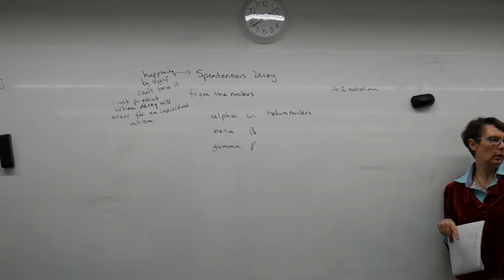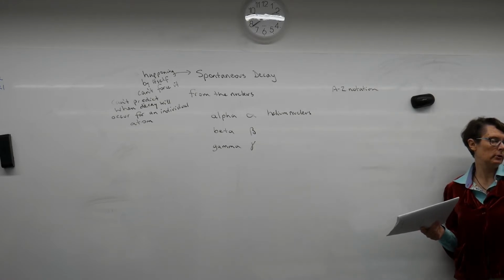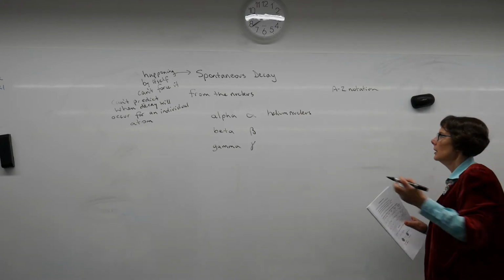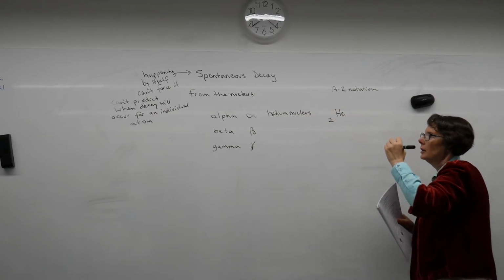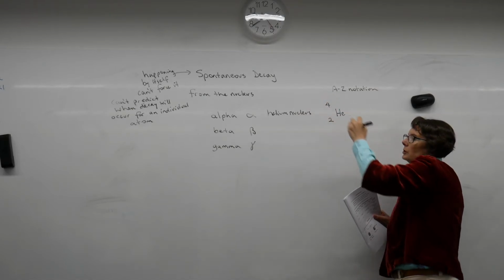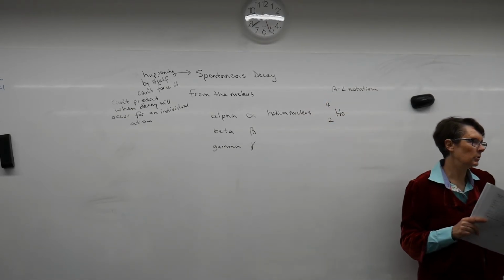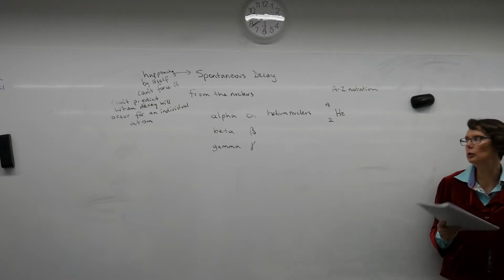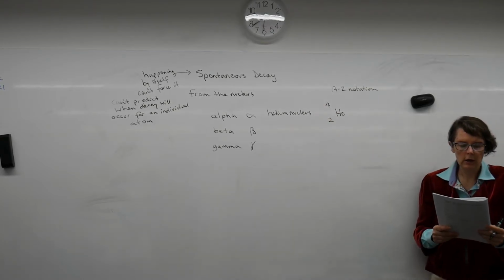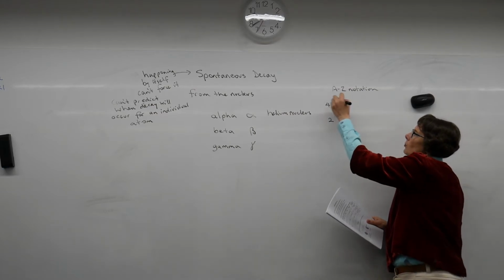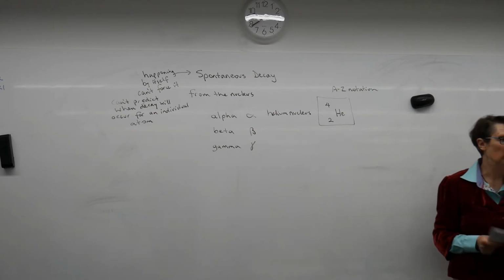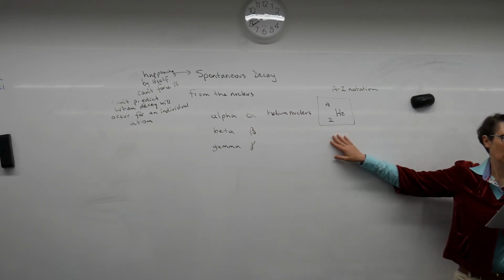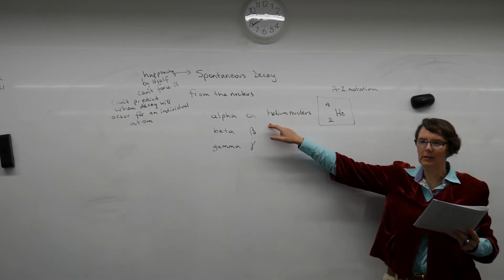And so a helium nucleus has 2 protons and no electrons, so it's got a charge of 2. Its symbol is He, and it's also got 2 neutrons. So 2 protons and 2 neutrons gives it a mass of 4. So this is the more common way that we would represent it when we're writing out a nuclear equation, because it's going to help us count. This way doesn't really help us in our counting at all.